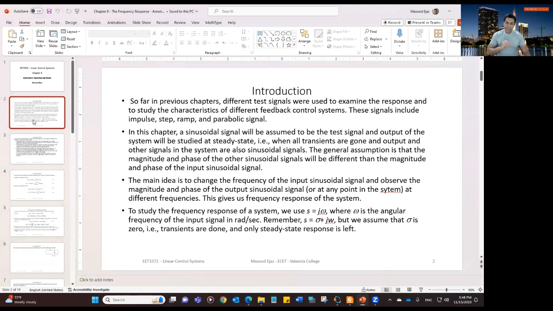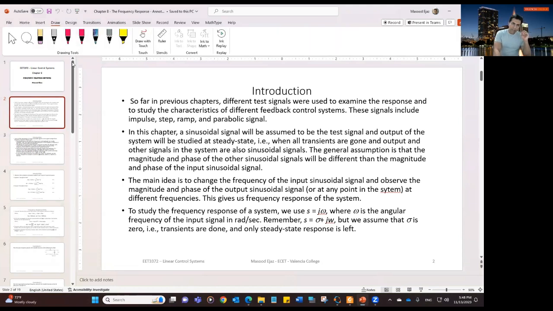Now, if our input is a sinusoidal signal, remember you will have transients, but transients, of course, die. The only sustained output that will be left will be a sinusoidal signal. Again, the magnitude may be different and the phase may be different with respect to the input signal, but it will still be a sinusoidal signal. Transients, of course, are going to die.